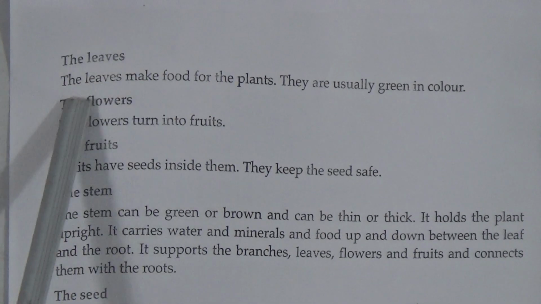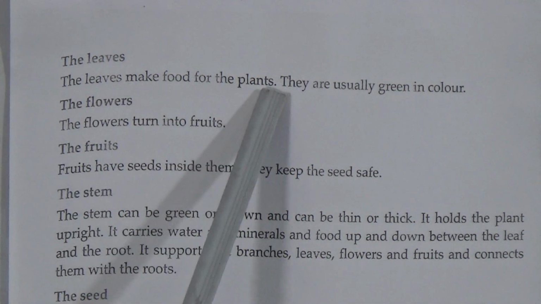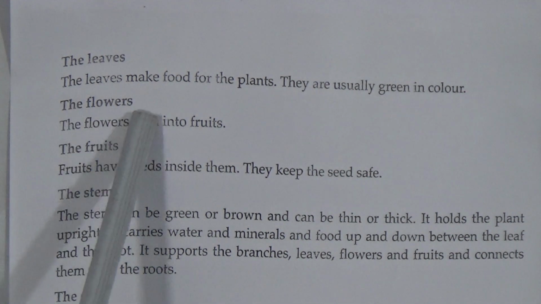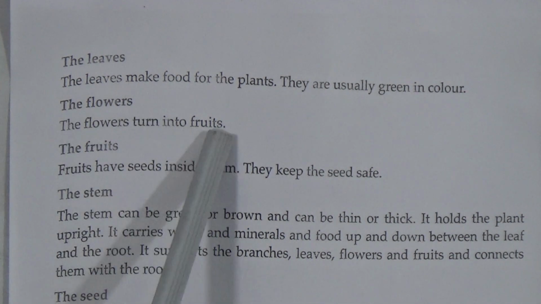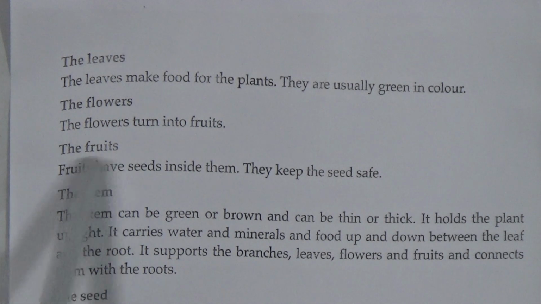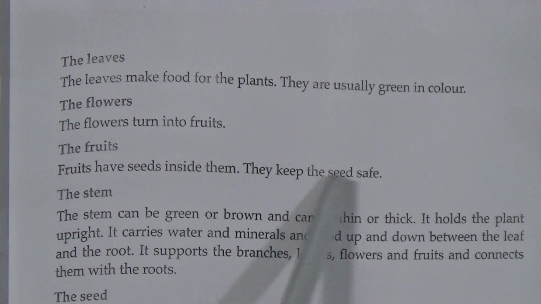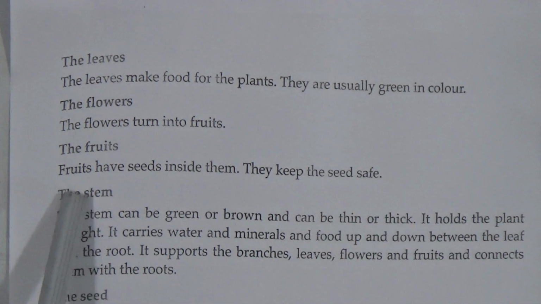First is leaves. The leaves make food for the plants. They are usually green in color. Second one, the flowers. The flowers turn into fruits. Then fruits. Fruits have seeds inside them. They keep the seed safe. And next one is the stem.